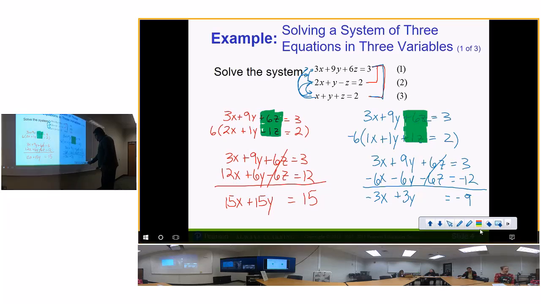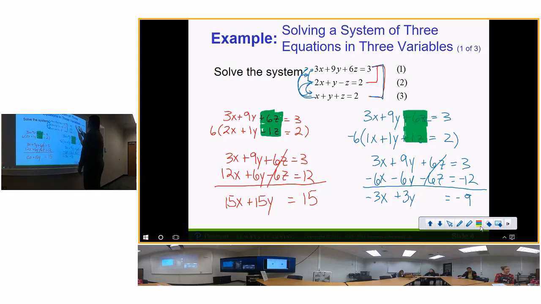So I'm going to go up here and put 15x plus 15y is equal to 15.